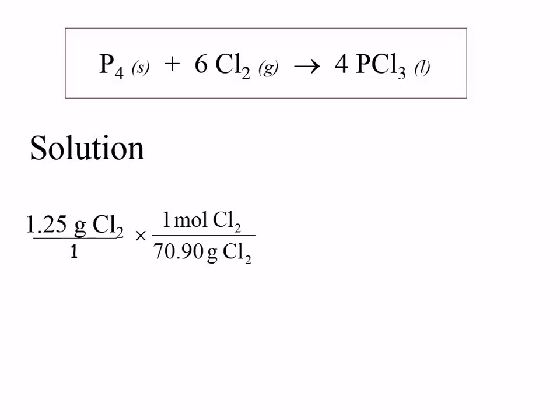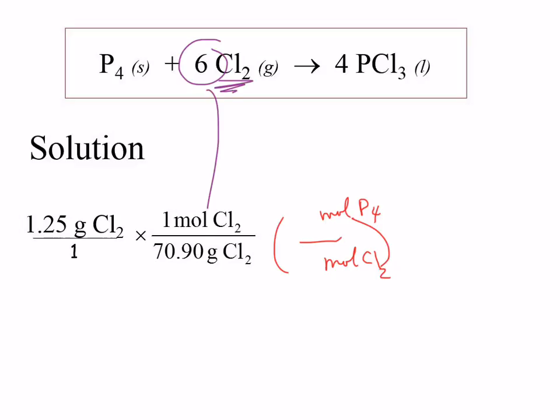Now, this is where we want moles of Cl2 to cancel, and we want to be left with, in this case, moles of P4. I'm going to emphasize this. So this is where I visit my Cl2, I put the 6 right there, and I visit my P4, I put the 1 right there.